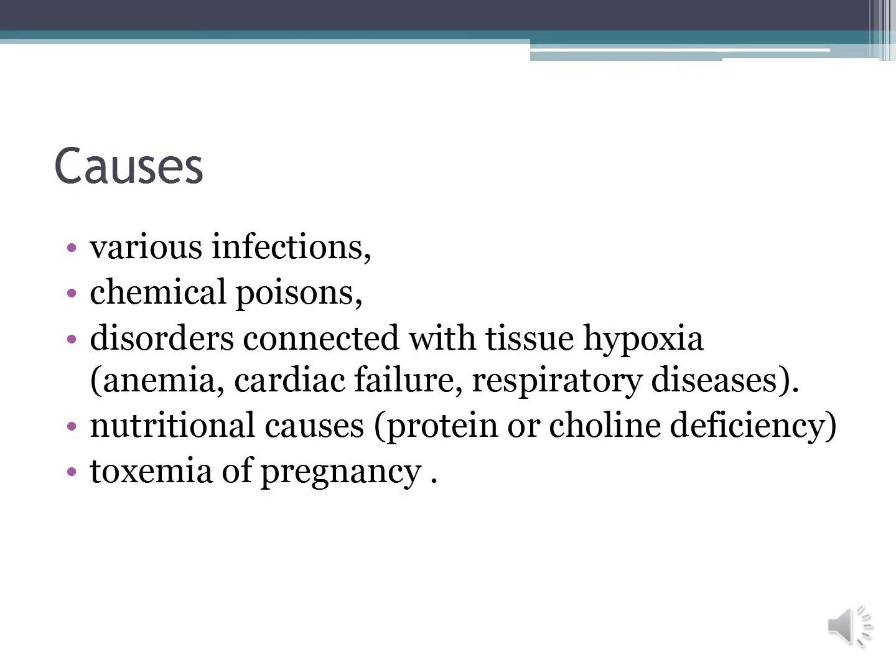There are various causes of such pathology: various infections, chemical poisons, disorders connected with tissue hypoxia, anemia, cardiac failure, respiratory diseases, nutritional causes due to protein and choline deficiency, and, for example, toxemia of pregnancy.